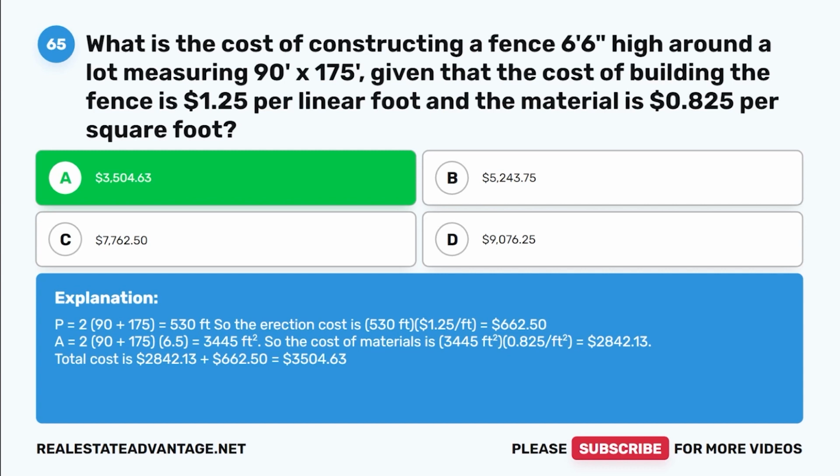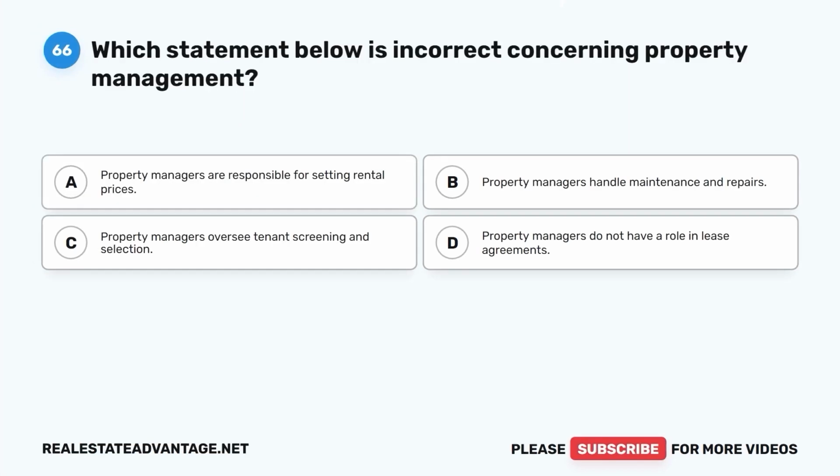So the cost of materials is 3,445 square feet times $0.825 per square foot equals $2,842.13. Total cost is $2,842.13 plus $662.50 equals $3,504.63.